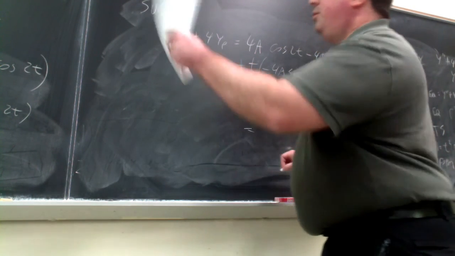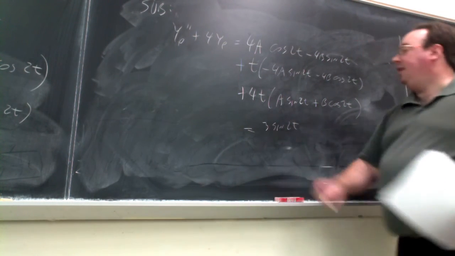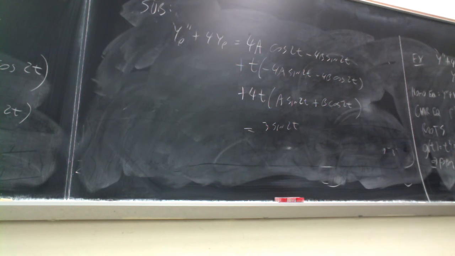All of that must equal g of t, which is 3 sine 2t. Now, what really helpful simplification happens here?